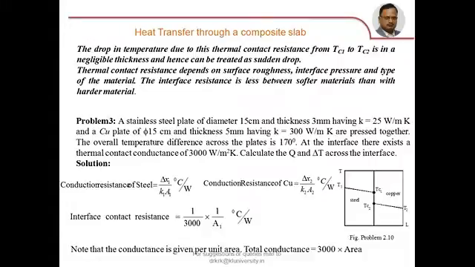One common example for this thermal contact resistance, which we see in most of our daily lives, is copper bottom vessels. If you look at the copper bottom vessel, it is generally made up of stainless steel, and for better heat transfer, a copper bottom is attached at the end.